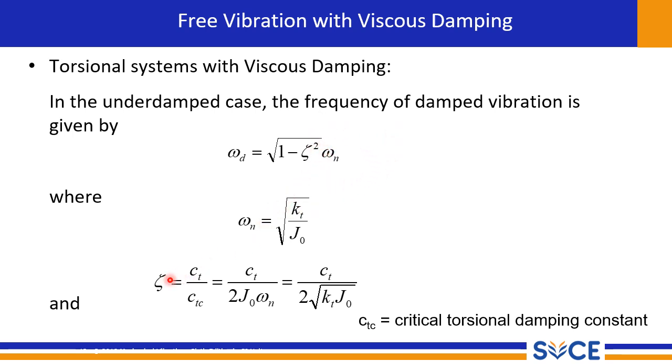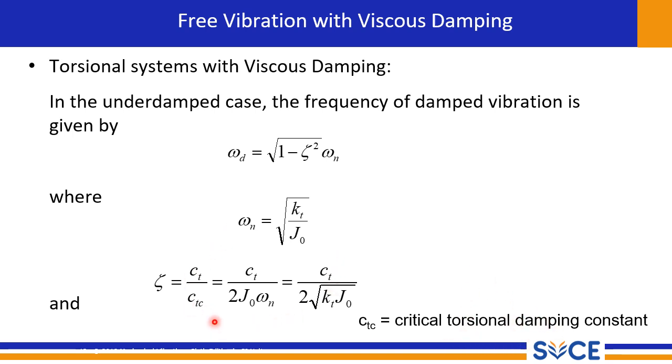Next, we can see that the critical torsional damping coefficient can be related to the damping ratio. The damping ratio is given as C suffix T divided by C suffix TC, where C suffix TC is the critical torsional damping coefficient.